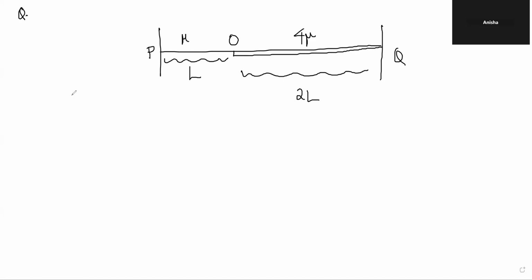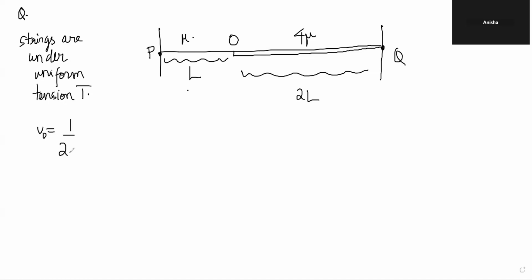Basically, two uniform strings of mass per unit length mu and 4 mu and lengths L and 2L are joined at O, and they are also joined at fixed ends P and Q. The strings are under uniform tension T. If we define V naught to be the frequency 1 by 2L root over T by mu, which statements are correct?